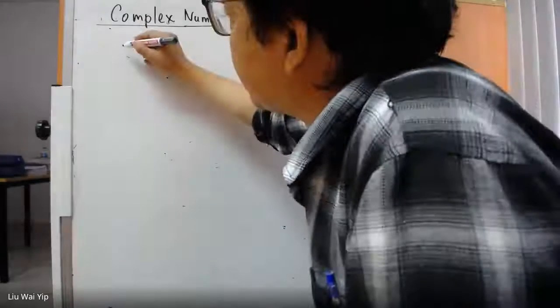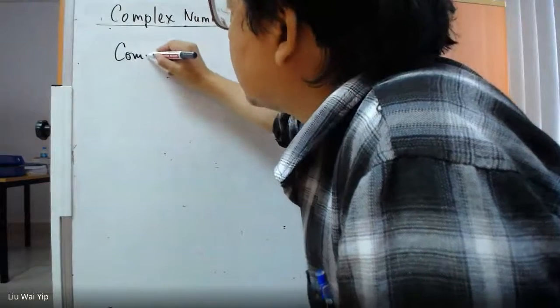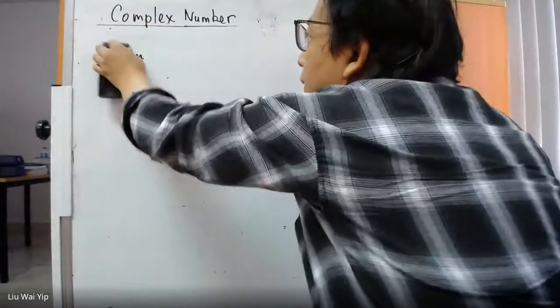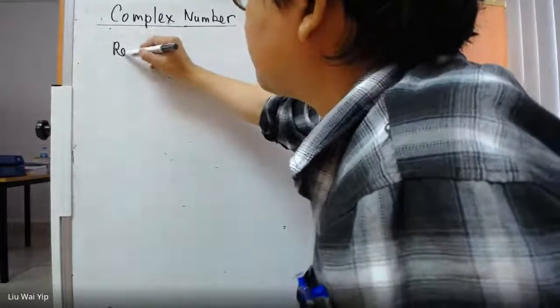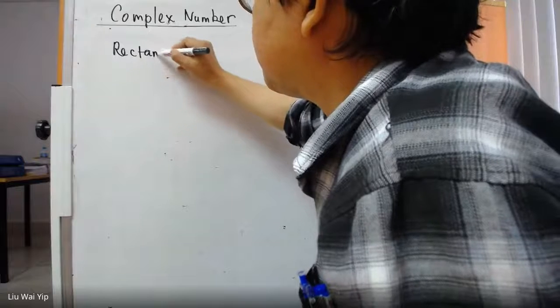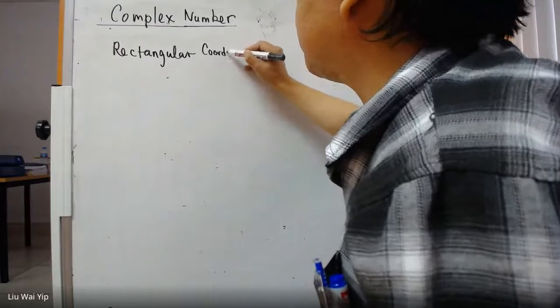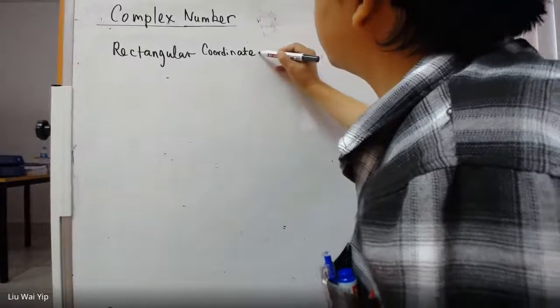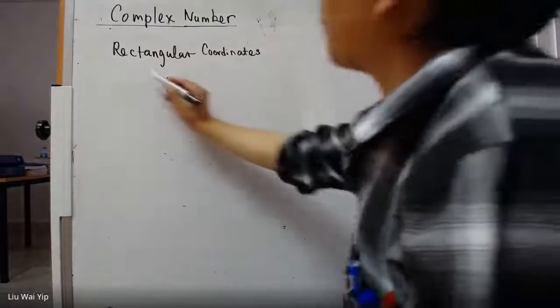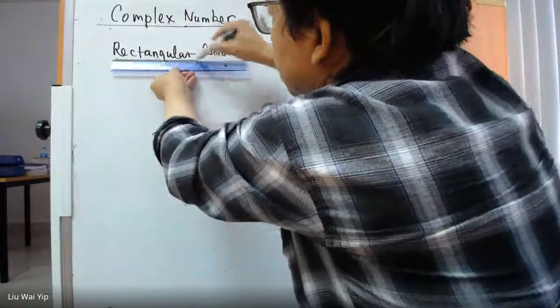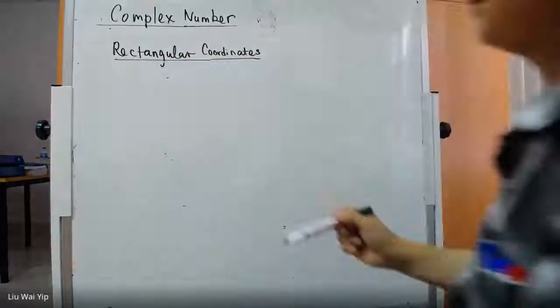So we can say, complex number, rectangular form, rectangular coordinates. This means Z is going to be A plus jB.